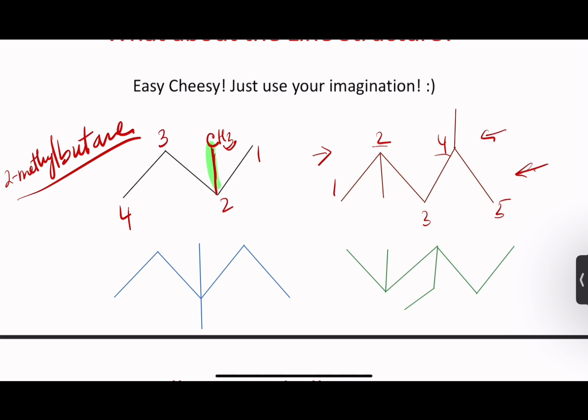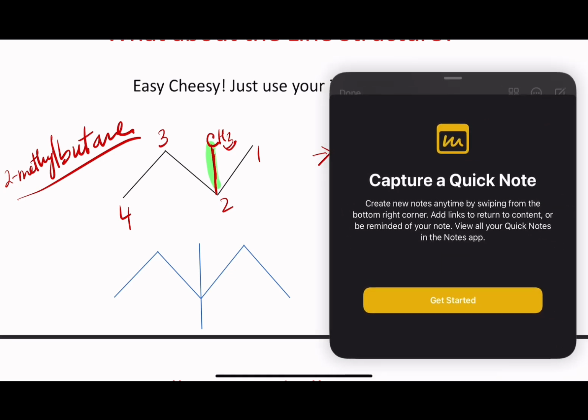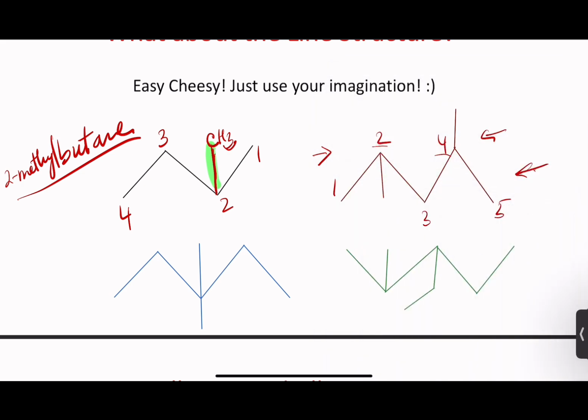So even if I number it from left to right, it will be the same. So I'm gonna write this guy's name: because I have 5 carbons, it'll be pent, and because I only have single bonds, it'll be ane. It will be 2,4-dimethylpentane. Okay, this is the name.